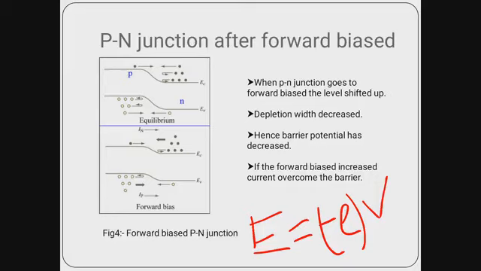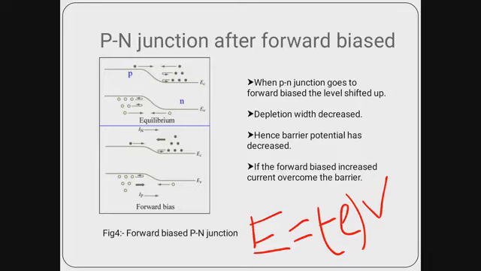Because the potential energy is minus E into V. If V is negative, then multiplying these two quantities gives a positive quantity. If the potential energy is positive, then this level will be shifted up as compared to the equilibrium conditions.